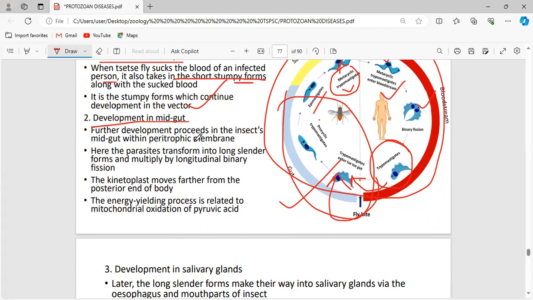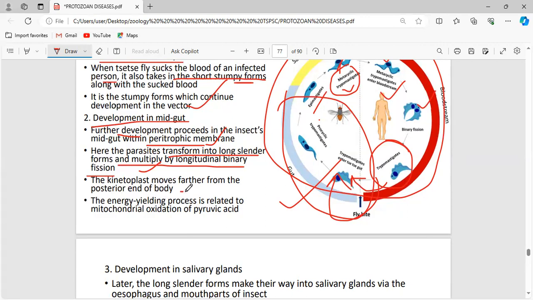This is the transfer to the tsetse fly from the infected individual. Here, development in the midgut. Now, once it has entered from the human to the insect, it reaches the midgut. Further development proceeds in the insect's midgut within the peritrophic membrane. Okay, this is the membrane of the intestine. Here the parasite transforms into long slender forms and multiplies by longitudinal binary fission.